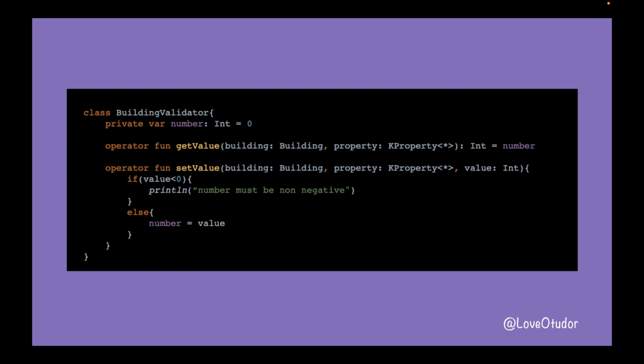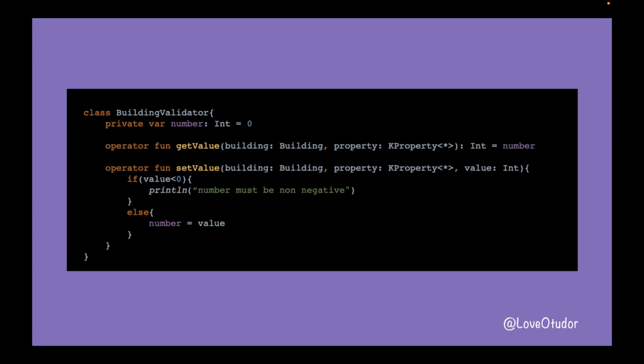It could also be of type any if you would want to create a generic delegate. The second parameter is a description of the property itself, which could be the property name. And as you would see in the set value function, it has a third parameter called value. Now this is the value you would want to set for the property.